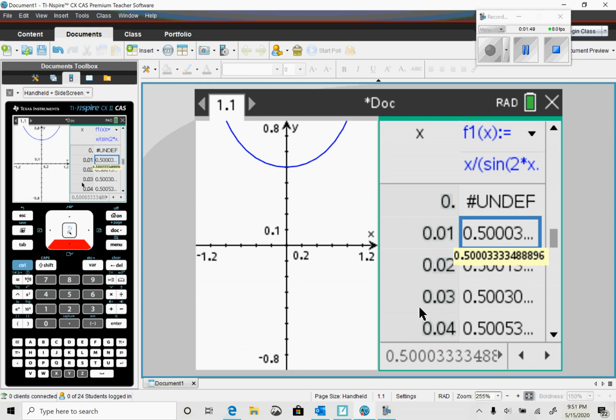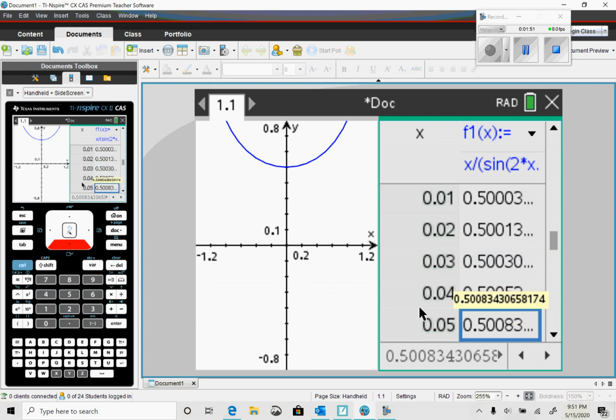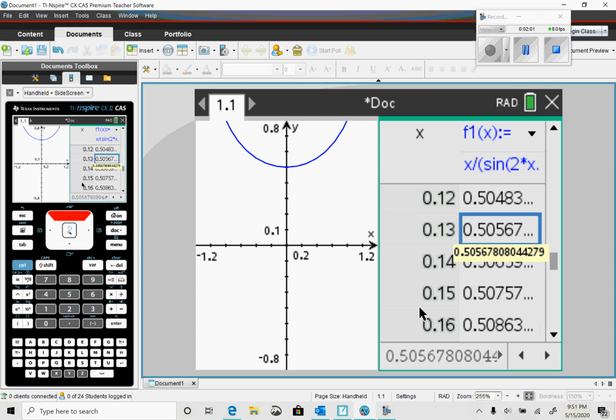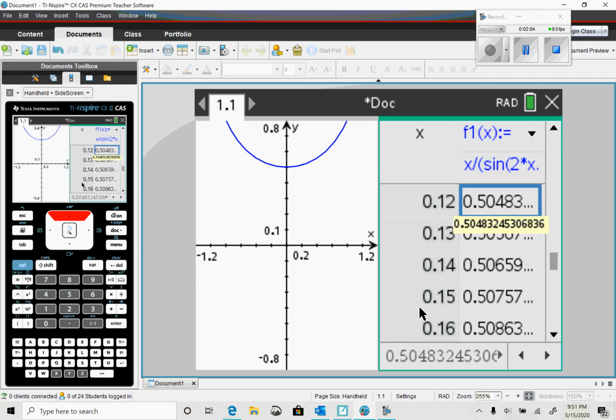Okay, so on the positive side here, back up a little bit, 0.50757, 0.50659, 0.50567. The closer we get to 0, those values are getting smaller and smaller, and it looks like it's headed towards 1/2.